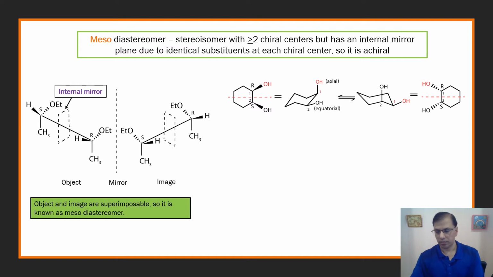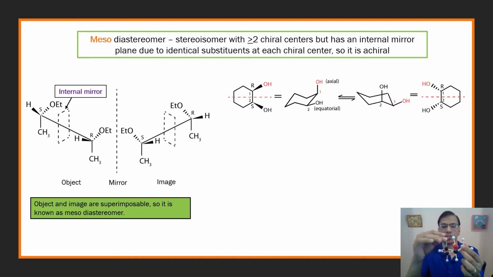Let's consider another example of cyclohexane 1,2-diol. So let me make this molecule quickly. It's cis. So you can see this is cyclohexane 1,2-diol.